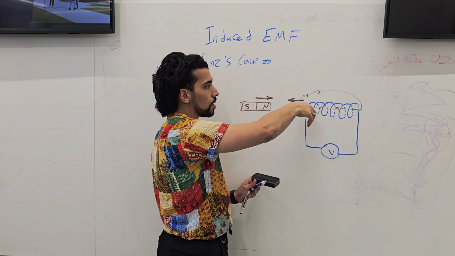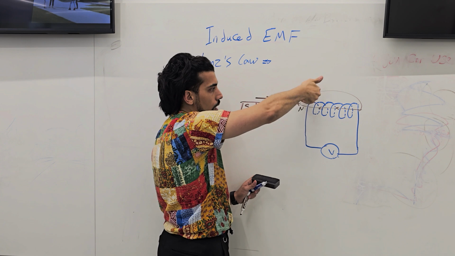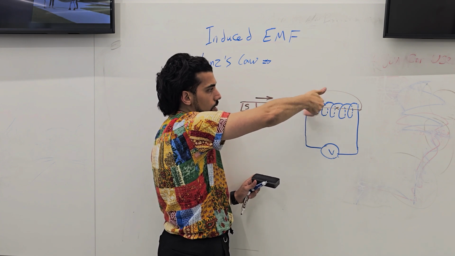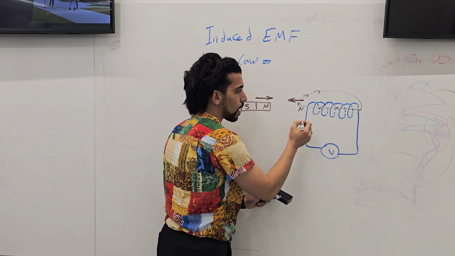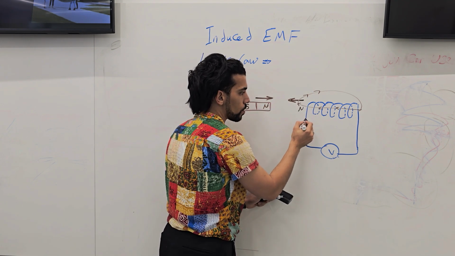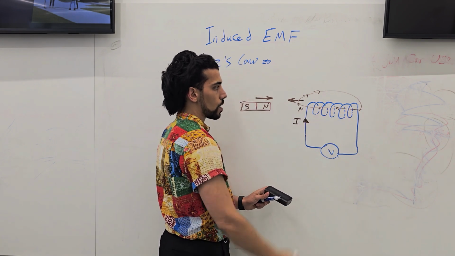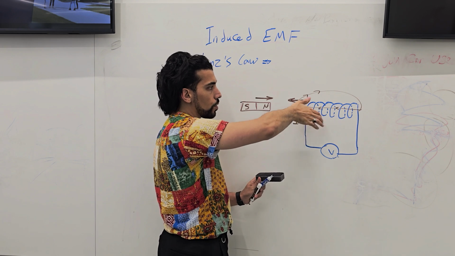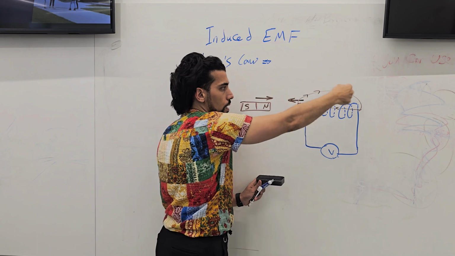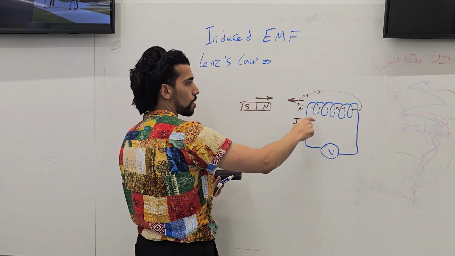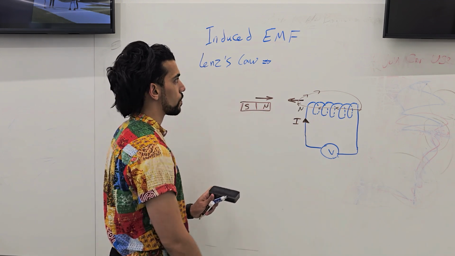If we came here and we are standing in this direction, curling like this, we can see that the magnetic field is in this direction, so the current is going up here. So the induced current inside this coil is going to be in this direction and going like this. When the current goes in this direction, using the right hand rule, we can see that the created magnetic field is in this direction. So we created here a north, so it's opposing the increase of the flux itself.